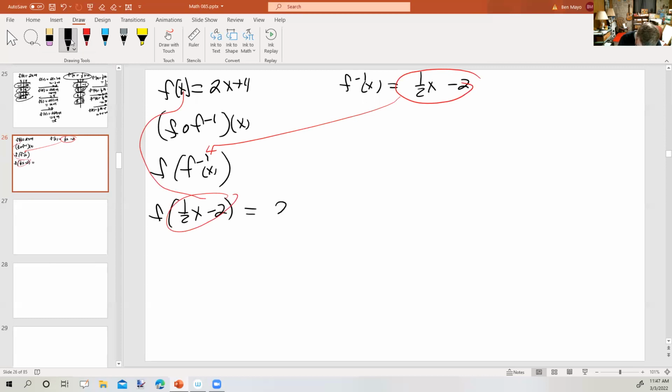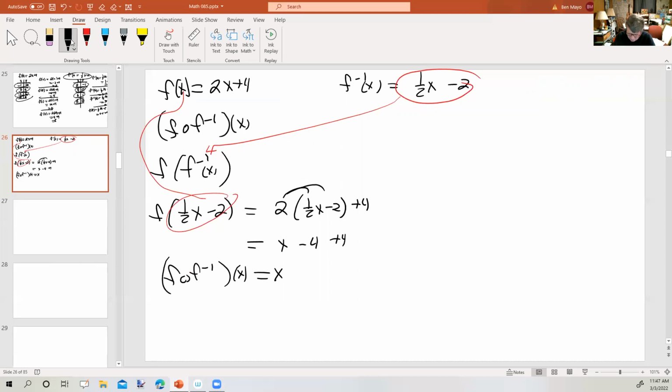So that's going to be 2 times the quantity 1/2 x minus 2 plus 4, which is x minus 4 plus 4, which is x. So f composed with f inverse of x equals x. Any question about what I just did there using composition?